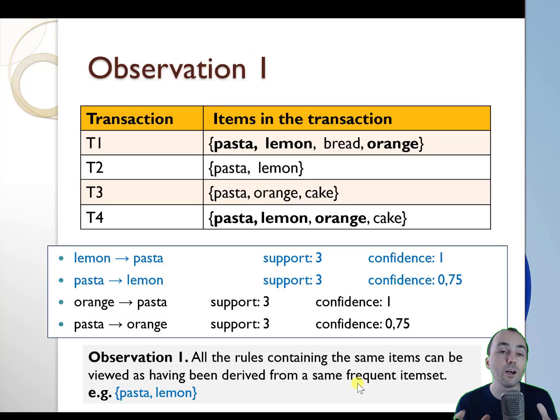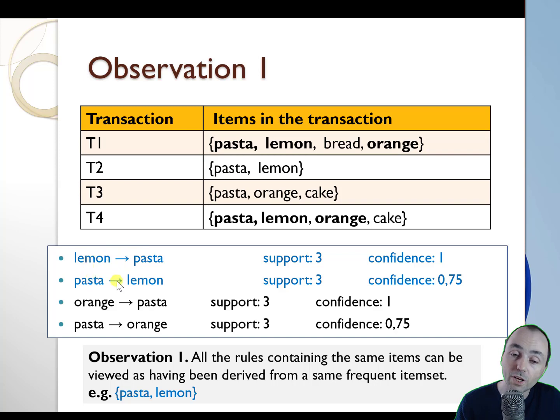So we can make some observations to design a better approach, a better way to solve the problem. So here I have again the same example. We can do a first observation. It is that there are many rules like lemon imply pasta or pasta imply lemon.